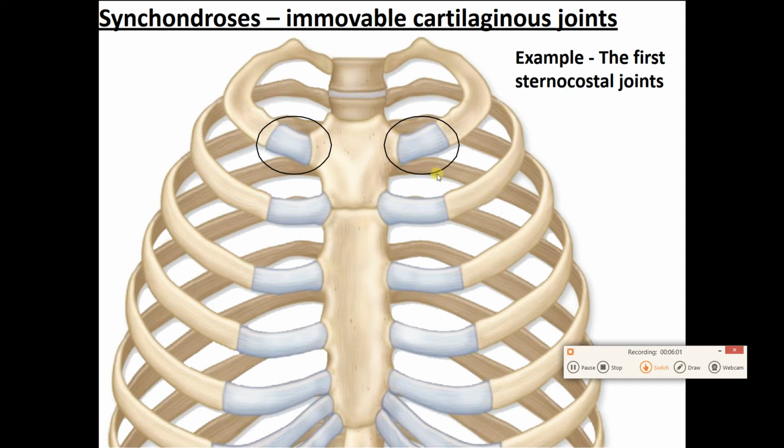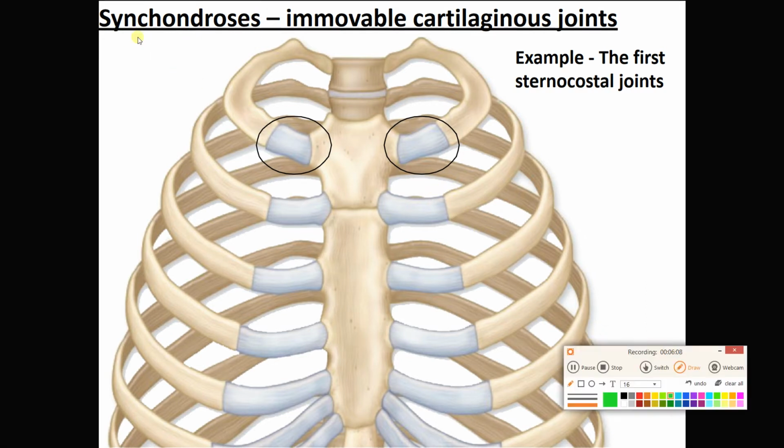One would be a synchondrosis. We've seen chondro before, haven't we? We saw chondrocytes, right? So chondro means cartilage, and syn means together. So synchondrosis, together with cartilage. So those are some immovable cartilaginous joints.